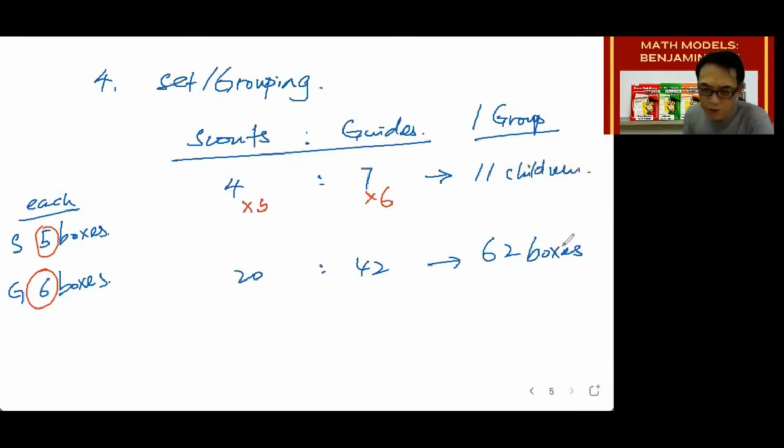In questions like this, they will then tell you how many boxes of cookies were sold by all the scouts and the guides, for example, in a certain month.